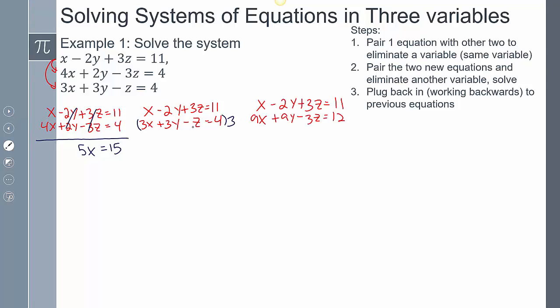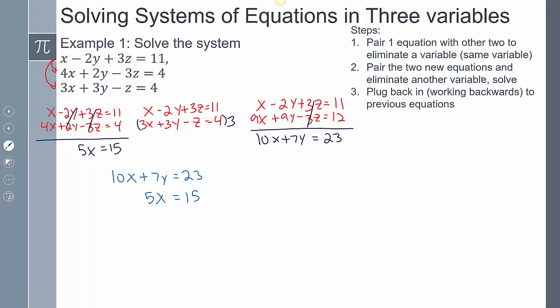I can multiply any equation by a constant that's non-zero, so in this case it's 3. Distributing that 3 through, I get 3 times 3x is 9x, 3 times 3y is 9y, 3 times negative z is negative 3z, and 3 times 4 is 12. Now I can add those two equations together, and I'm going to get 10x plus 7y equals 23.